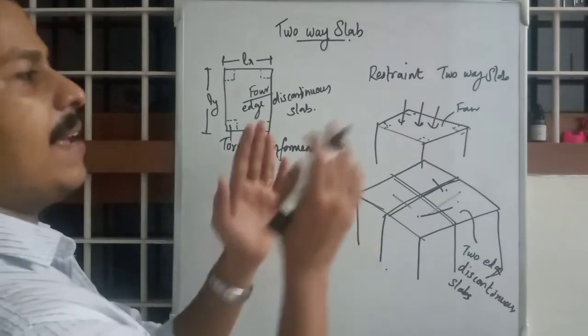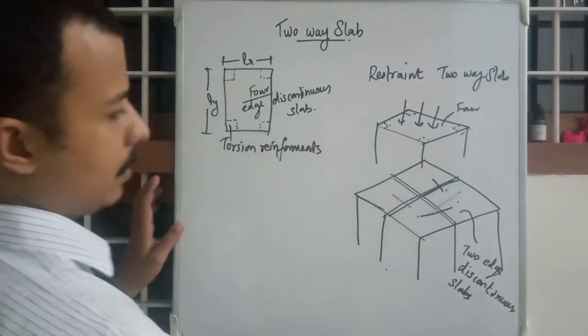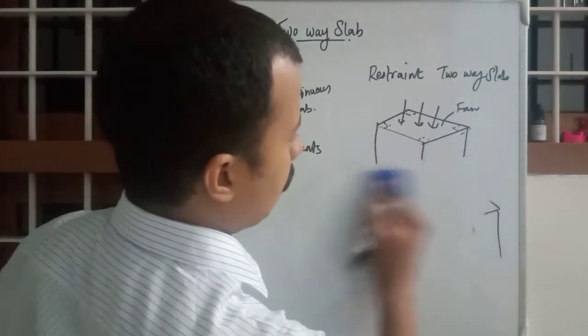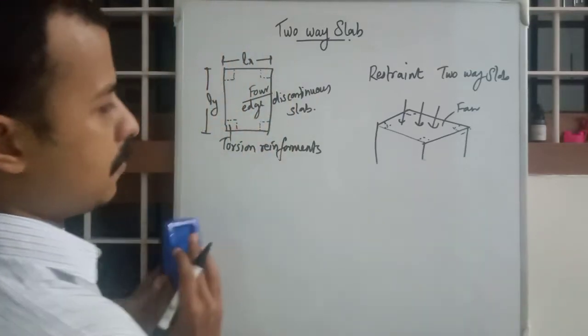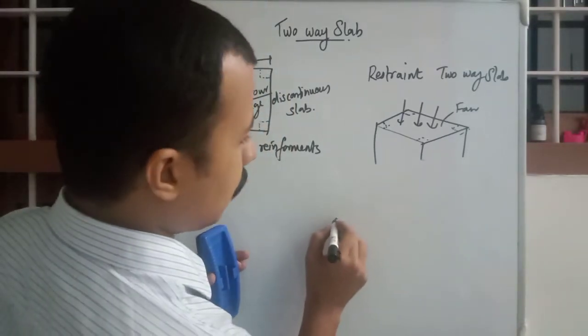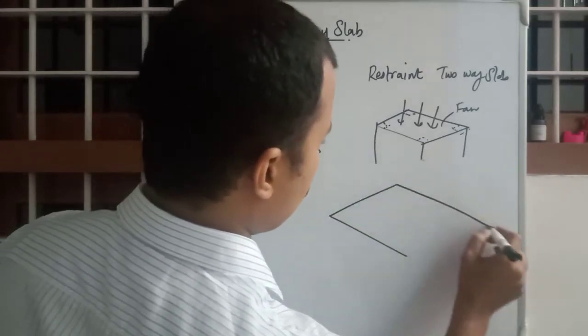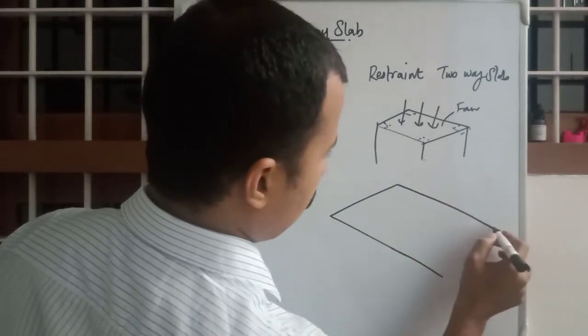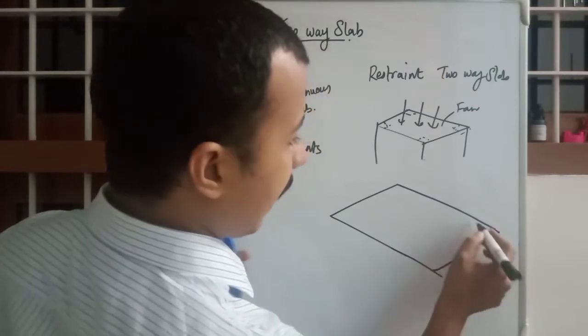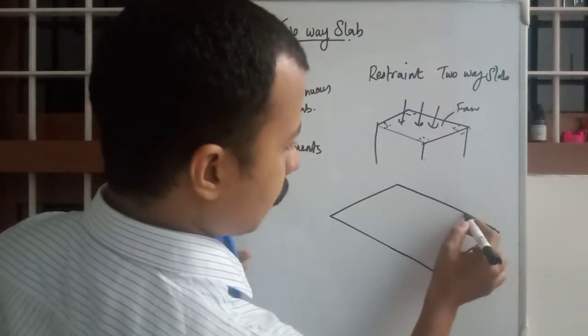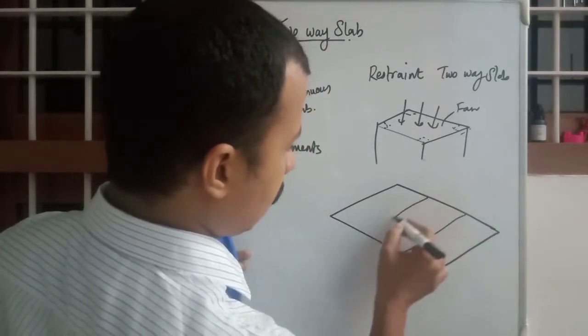In the next level, suppose there are nine slabs like this.